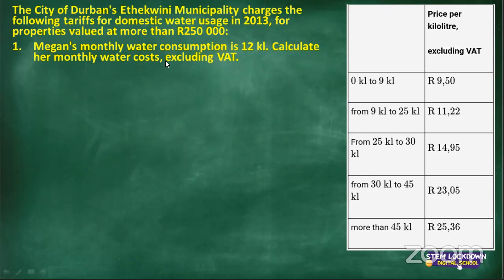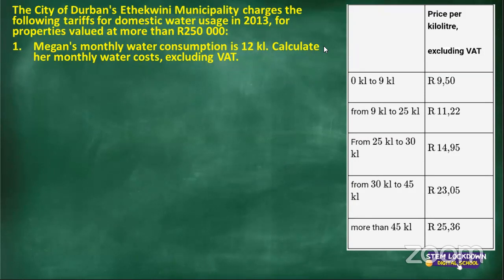So the first example is: the city of eThekwini municipality charges the following tariffs for domestic water usage in 2013 for properties valued at more than 250,000 rands. Remember, we mentioned that the tariffs differ according to the value of your house, and the value of your house differs depending on where it is located.